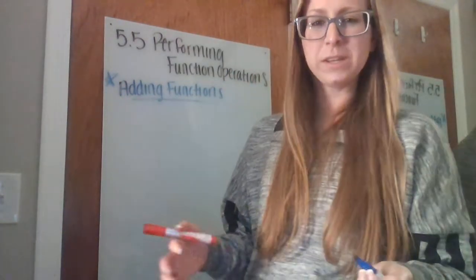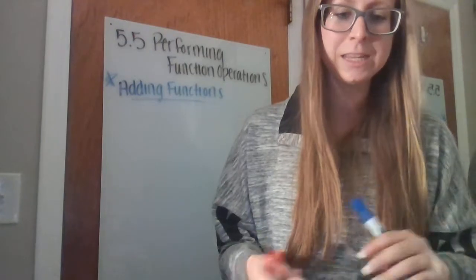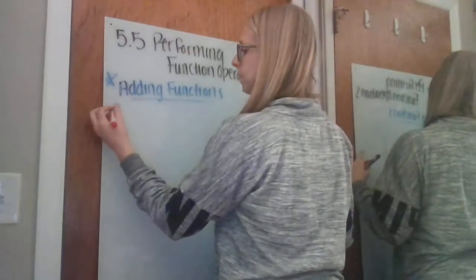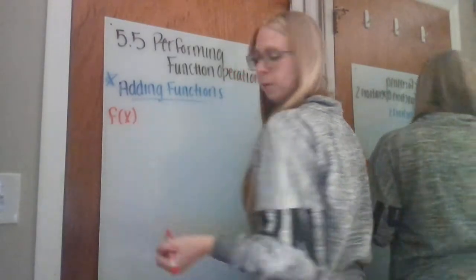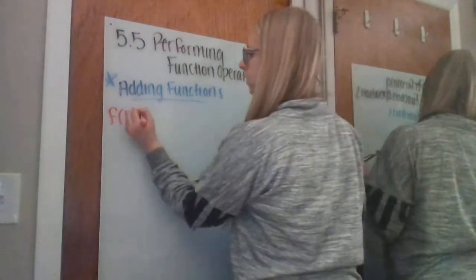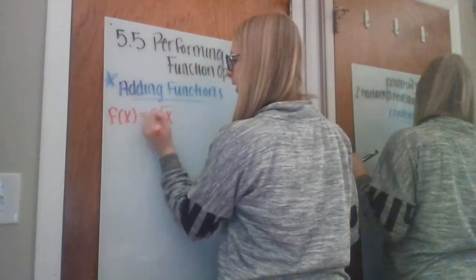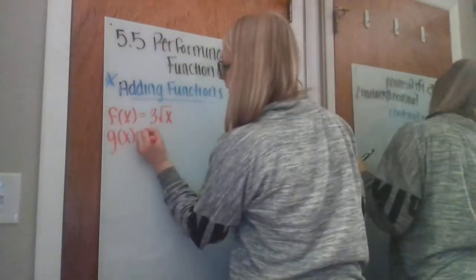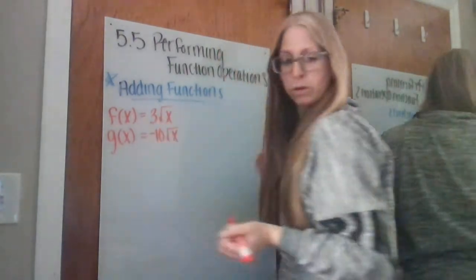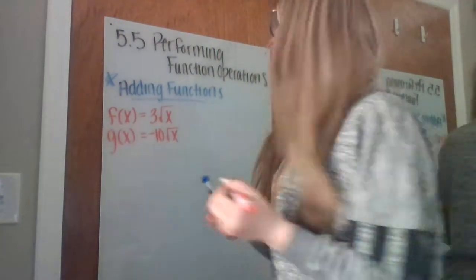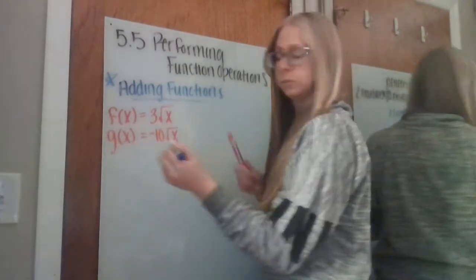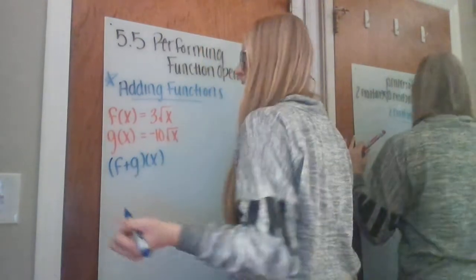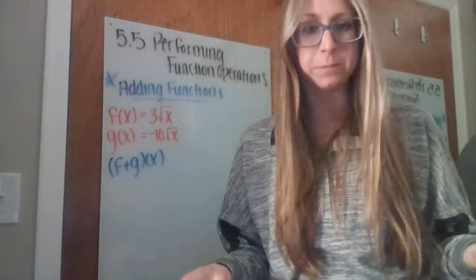Okay, adding functions. I know it's a little blurry, guys. I'm doing the best I can. I'm sorry. So if I give you f of x equals 3 square root of x, and g of x equals negative 10 square root of x, I want you to find f plus g of x, which means add them together.